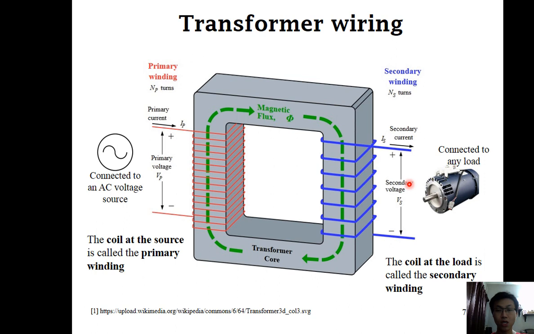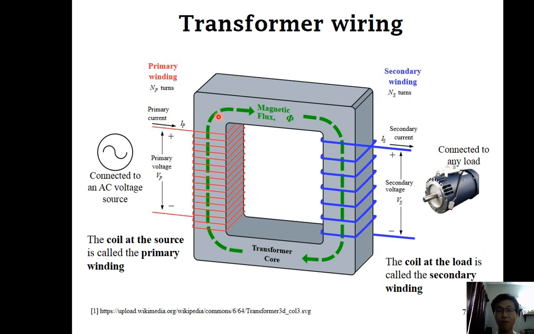Then we have a secondary voltage, VS, a secondary current, IS, and the secondary winding turns, NS. When connected to the source, a current flows through the coil and, by using Fleming's right-hand rule, it will create a flux.